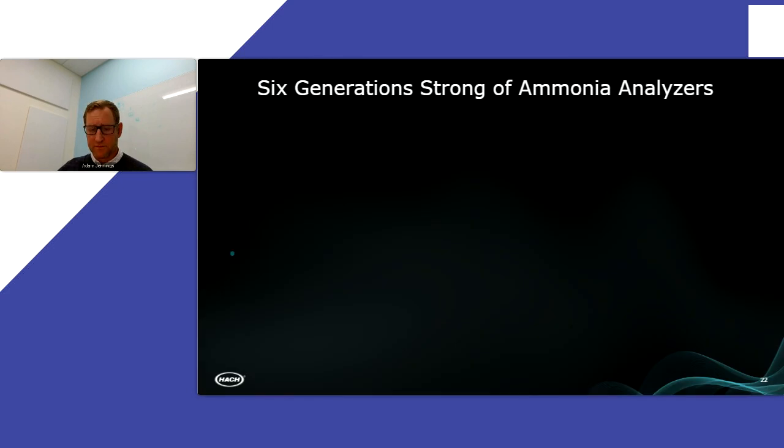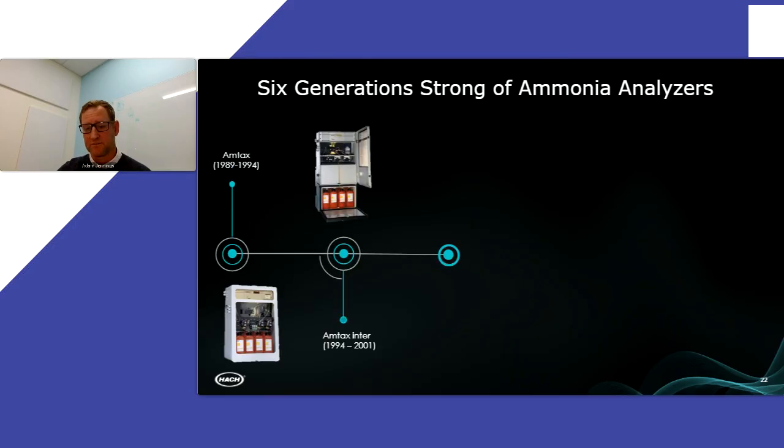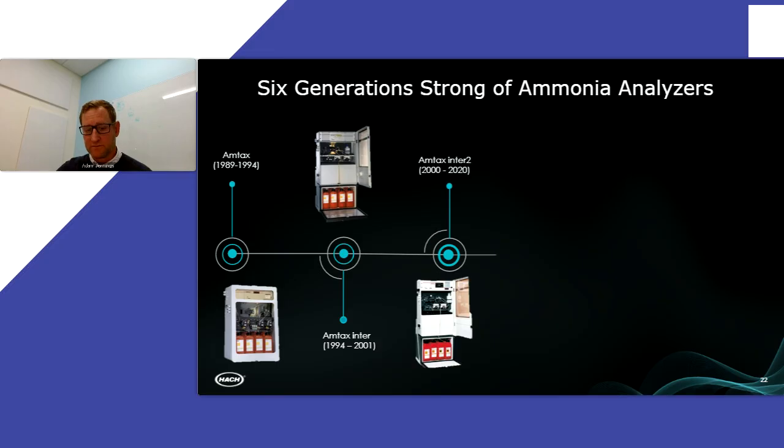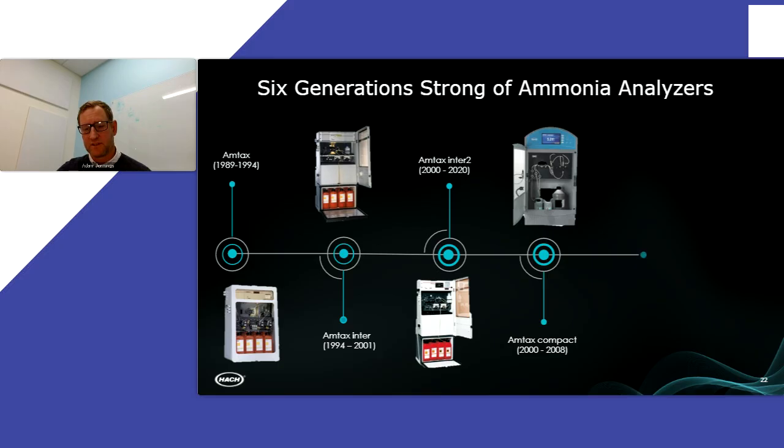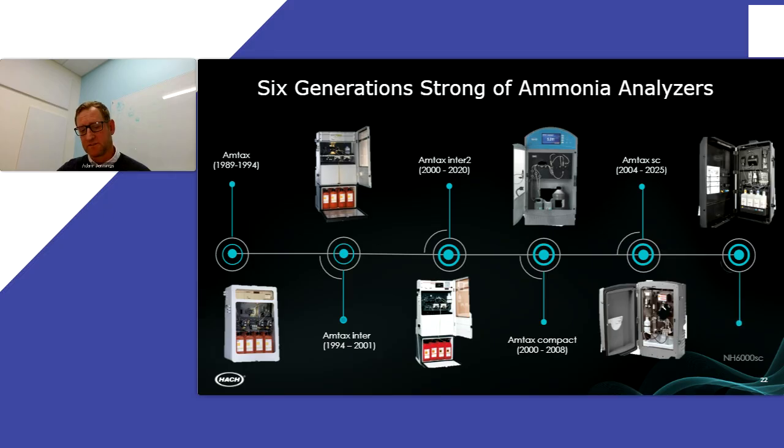It's not a new technology for us. We've been using the gas sensing electrode for quite a few years. We've got a legacy of these analyzers and how they've moved from one technology form to the next, and how we deliver this gas sensing electrode technology, and that lands us on the new NH6000.